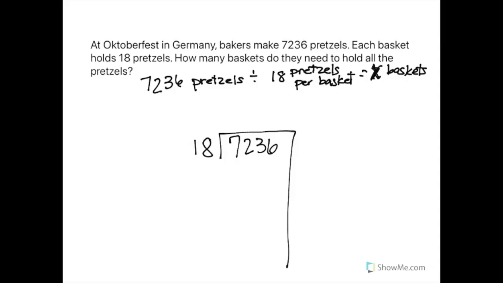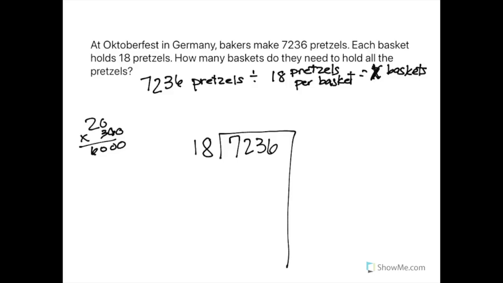And now I'm going to use my mad multiplication skills. So I know that 18 is close to 20. And if I multiply 20 times 3, that gets me 60. And if I add a 0, that's 600. If I add another 0, that's 6,000. And that gets me somewhere in the ballpark.